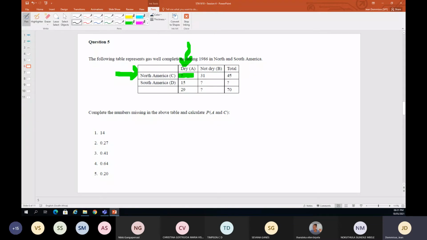That number is going to be, so if I add that total, it needs to be 45. So that number is 14 because 45 minus 31 is 14. But also 14 plus 15 is 29. Okay, so this number is 14.